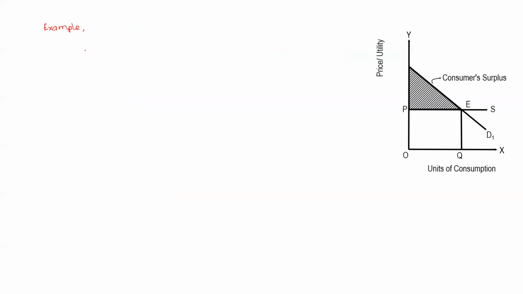The demand function is P equals, let's say, 20 minus 2Q, and the market price is $10. So here P is equal to 10.